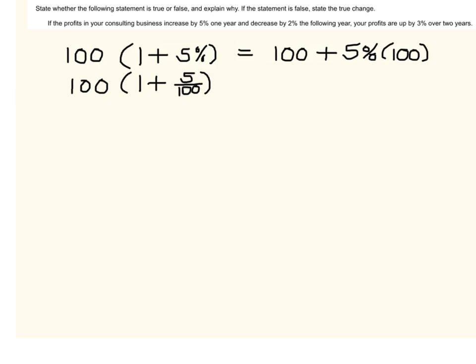Okay, so working my way down, that's 100 times 1 plus 5%, and another way of writing 5 over 100 is to imagine a decimal place to the right of both of these digits. I'm going to move it 2 places to the left, making the denominator a 1 and the numerator a 0.05. So 0.05 is the same as saying 5%.